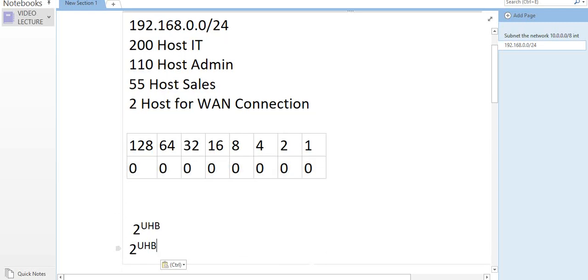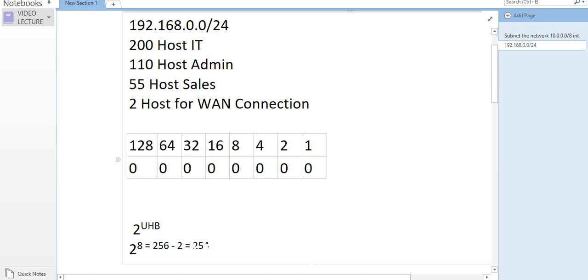So we say 2 to the power of 8. 2 to the power of 8 gives you exactly 256, and then you have to minus 2 from that. Minus 2 will give you 254.